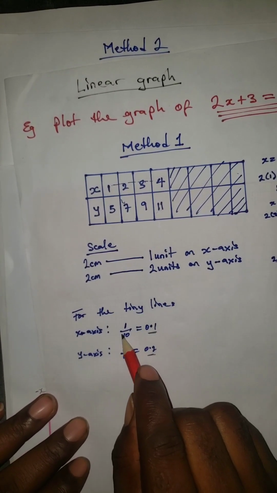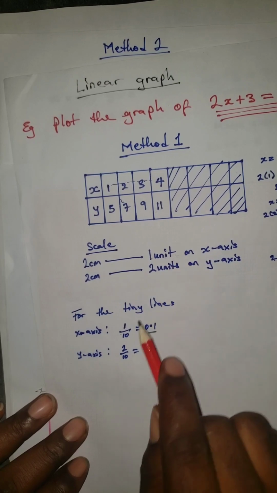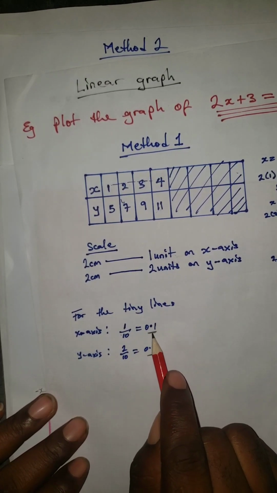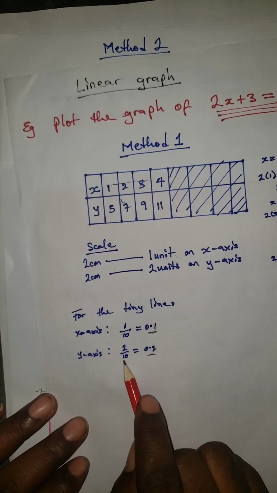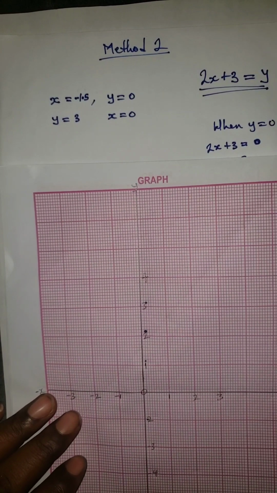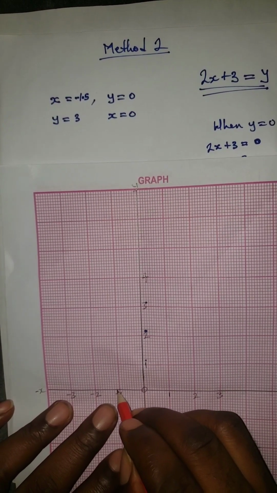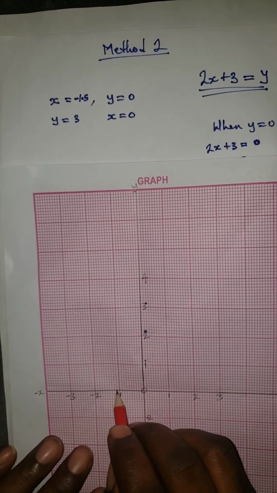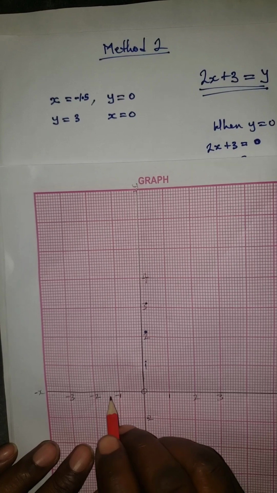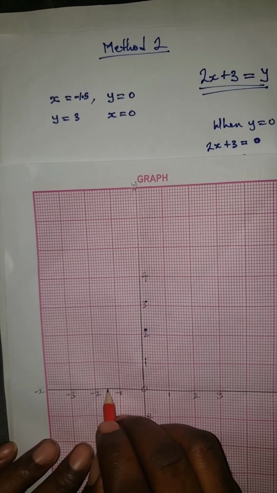Okay, so on the s axis, based on the scale that we are picking, each tiny line is 0.1, while on the y axis each tiny line is 0.2. So I have my -1, so -1.1, -1.2, -1.3, -1.4, and -1.5.